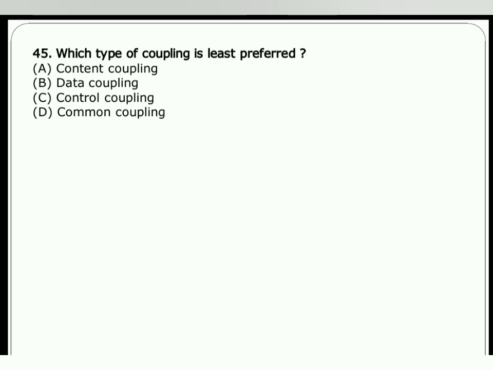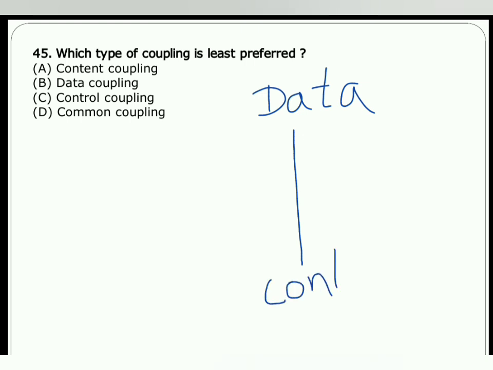There are different types of coupling: content coupling, common coupling, control coupling, stamp coupling, data coupling. The most preferable one is data coupling, and the least preferred is content coupling. So the answer here is content coupling.